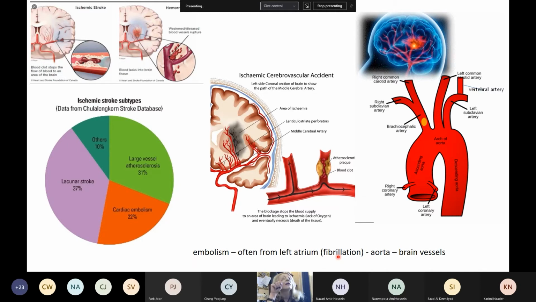Especially in the left atrium, a kind of closed section of the heart, a thrombus can form, a blood clot, which can get loose. It goes from the left atrium to the left ventricle to the aorta, then to one of the brain vessels, and gets stuck. And then it causes an ischemic stroke.